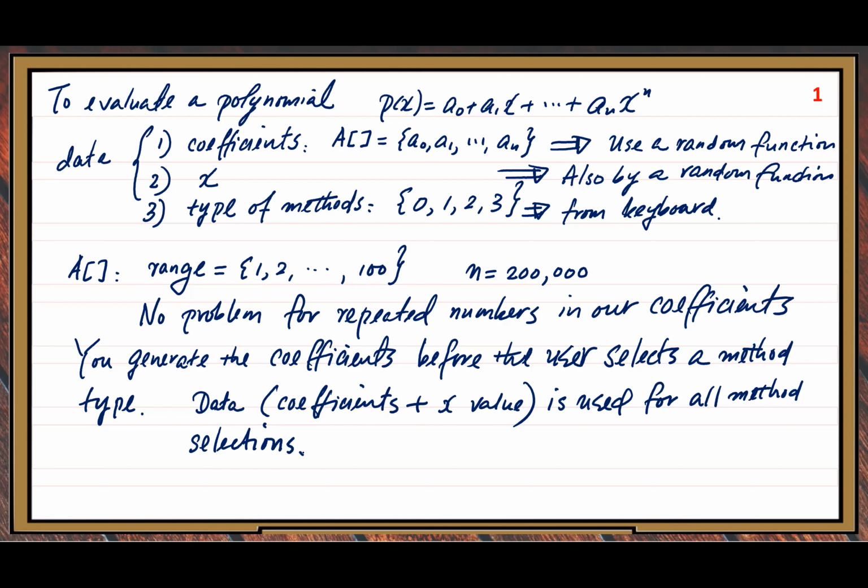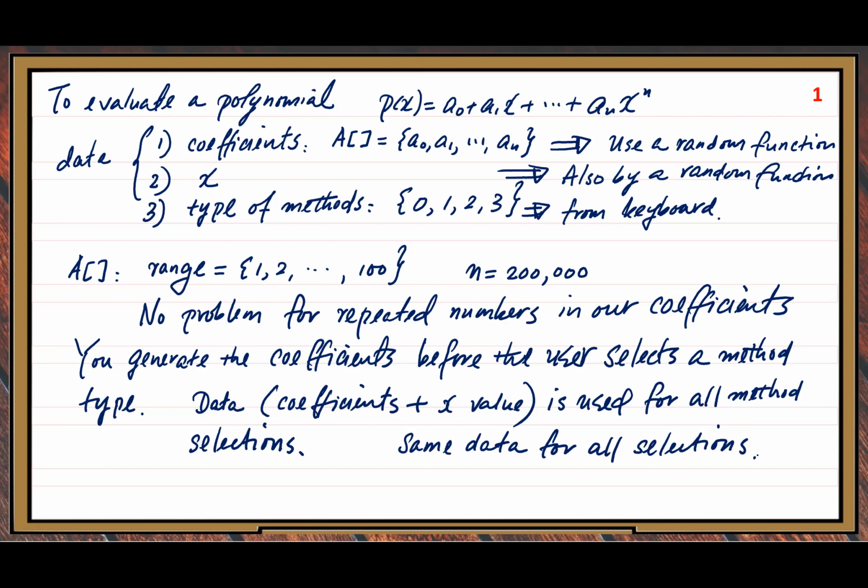So we expect the user to select all three methods, 1, 2, 3, in any order. When they make several selections, you use the same data for all selections.